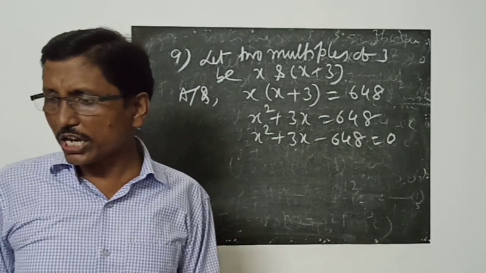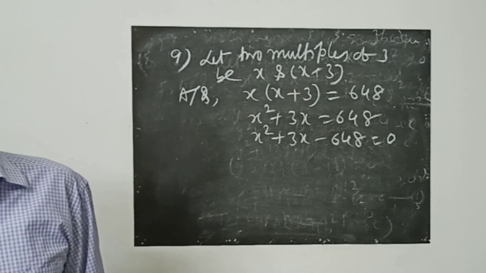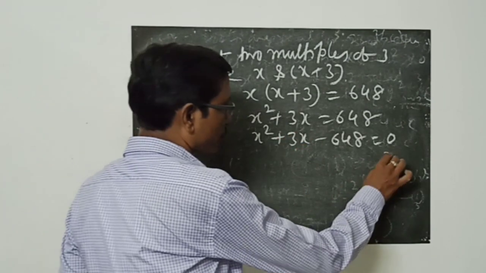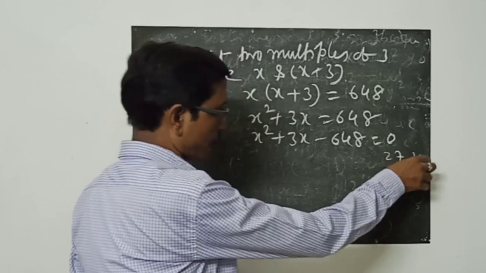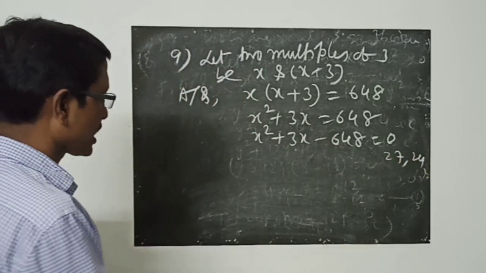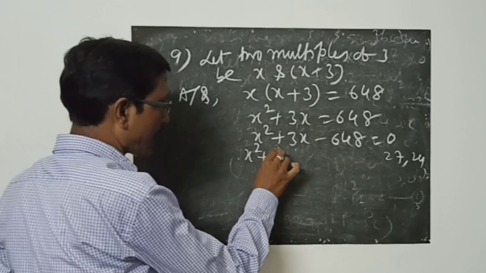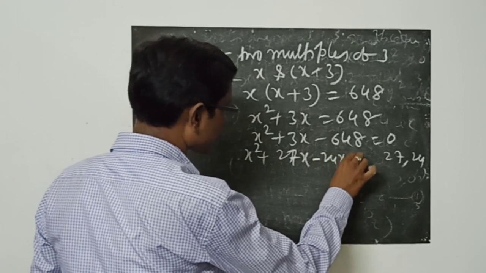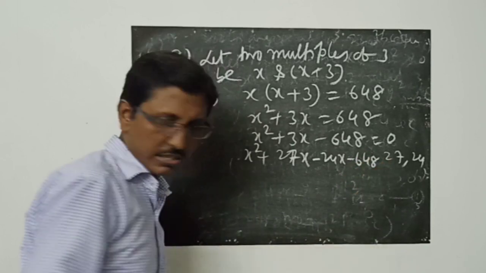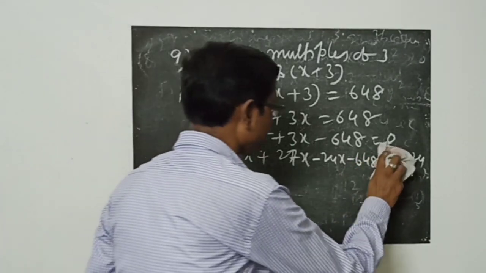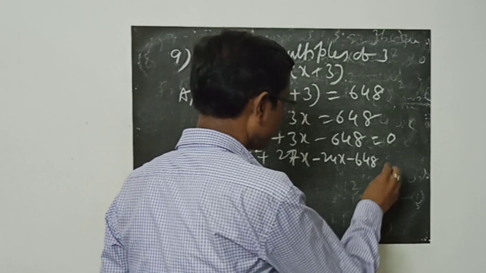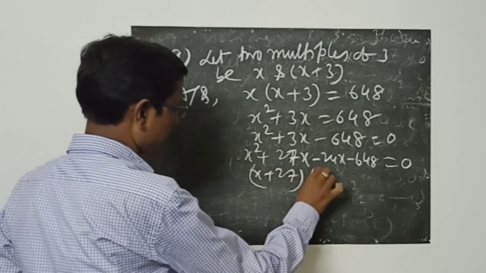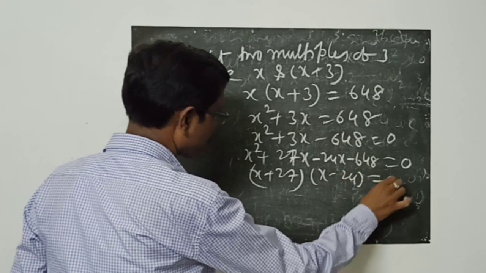If you factorize this, splitting it, factorize करोगे तो ultimately देखोगे it will come 27 and 24. दोनों का product देखोगे 648 हो जाएगा. तो x square plus 27x minus 24x minus 648, that is equal to 0 you will get. That means (x plus 27)(x minus 24) equal to 0.